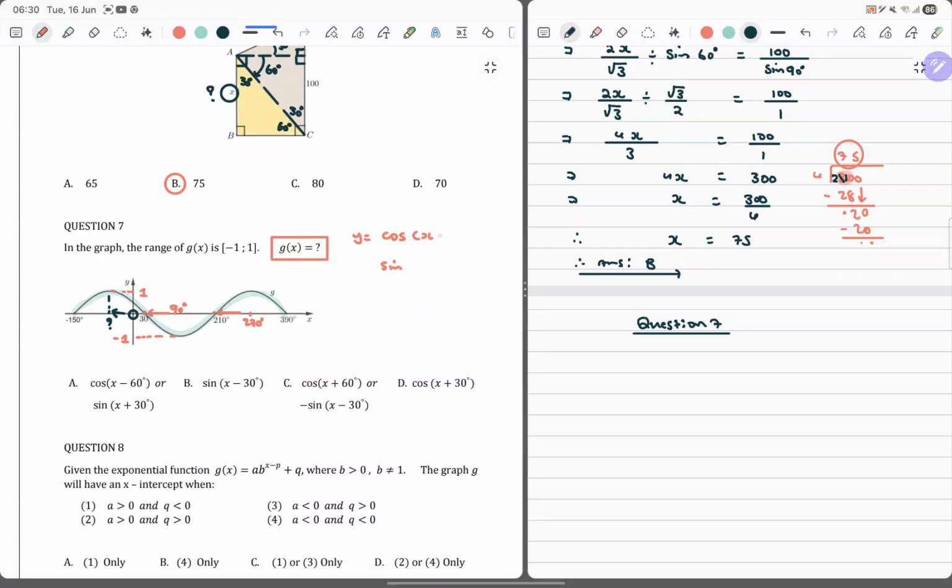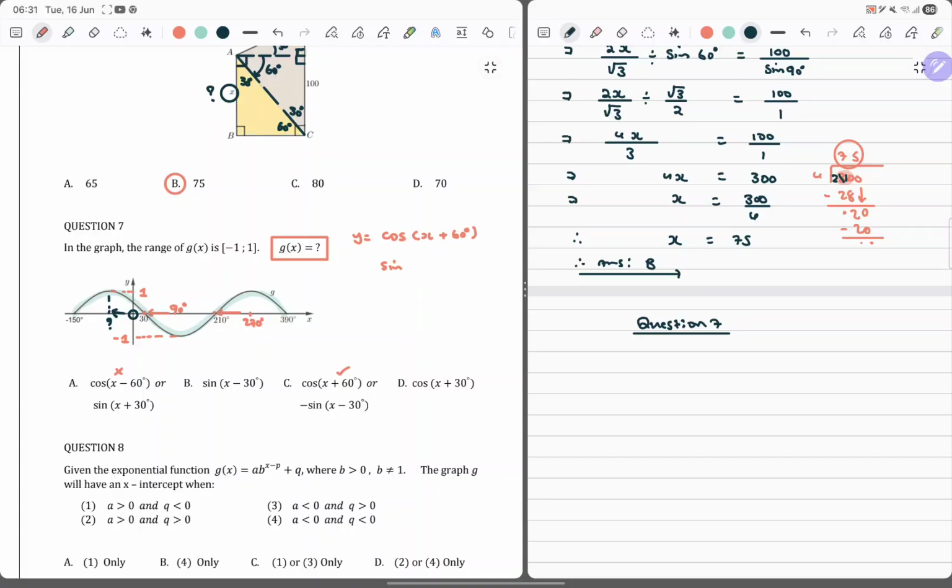If we shift to the left, it's going to be plus 60 degrees. Do we see anything like that? This is certainly not. B is just saying sine alone. Okay, whatever. C, we have what we want. D is just saying cos 30 only. So we'll find out if the sine is the only one.